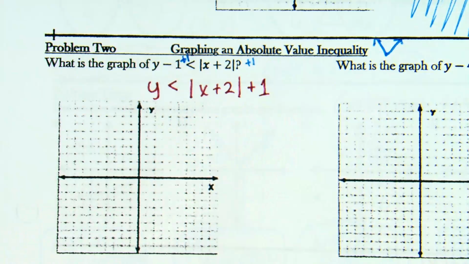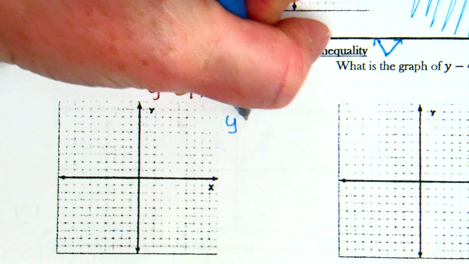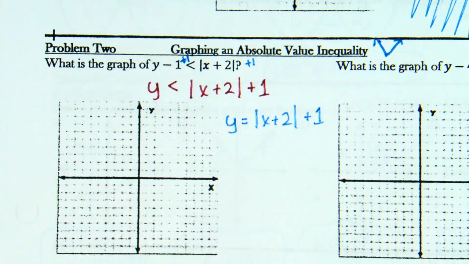Notice I did not add that 1 into the absolute value. It has to stay outside. Okay, so now, we graphed equations like this yesterday, right? Yes. y equals absolute value of x plus 2, plus 1.